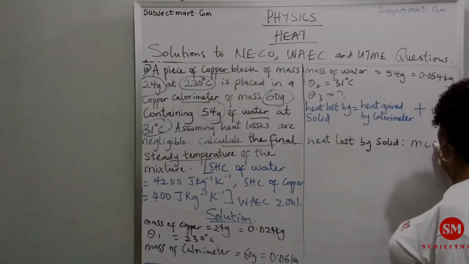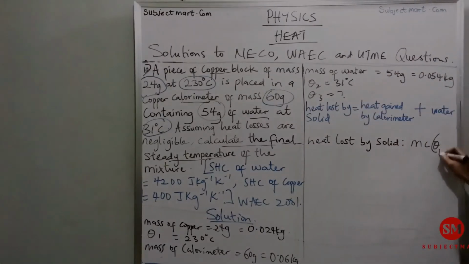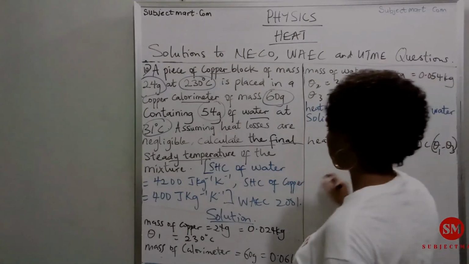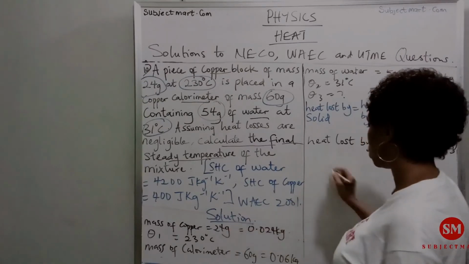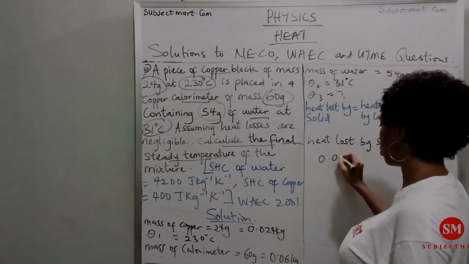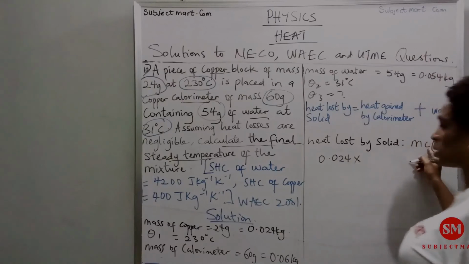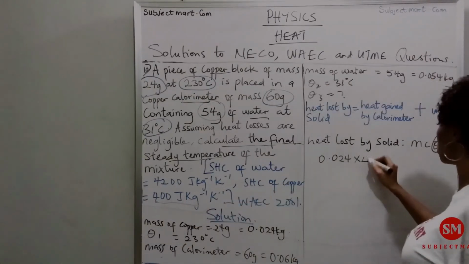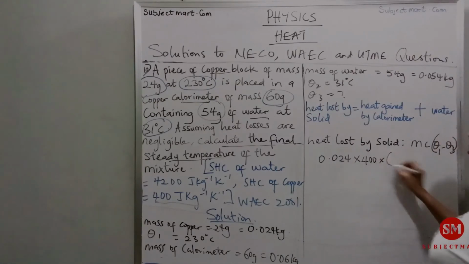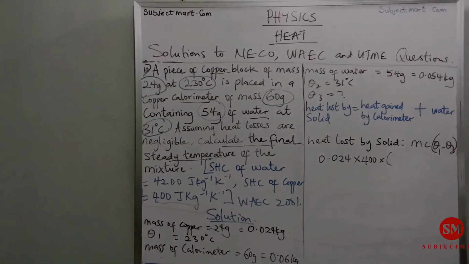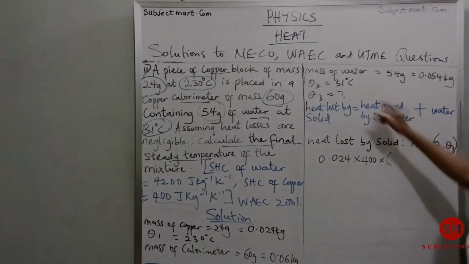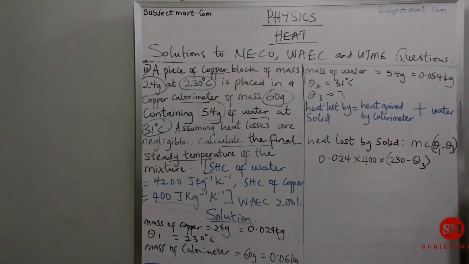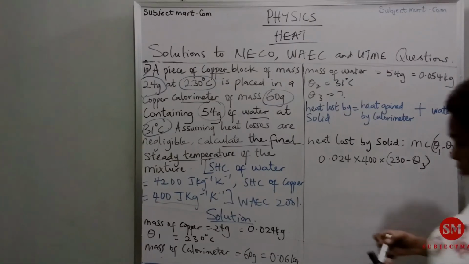That's MC theta 1 minus theta 3. So we have M, which is the mass of the solid, which is copper, 0.024 times the specific heat capacity of copper. We are given it to be 400. Theta 1 minus theta 3. That's 230 minus theta 3, which is what we are looking for. Okay.